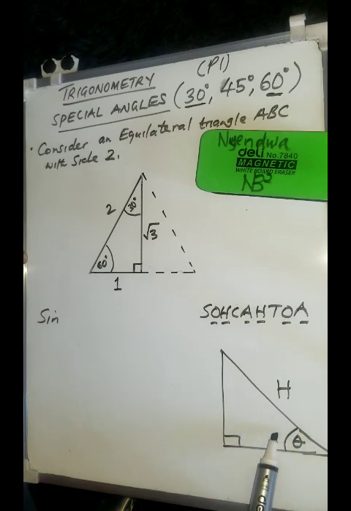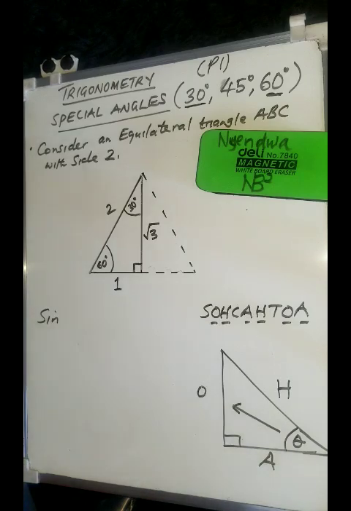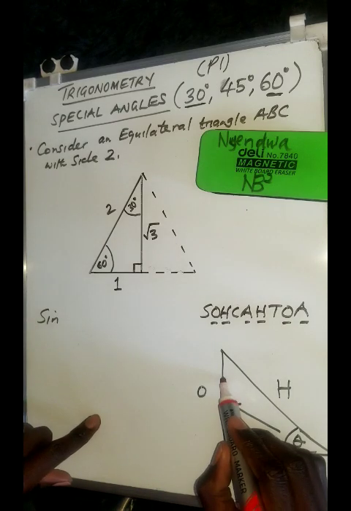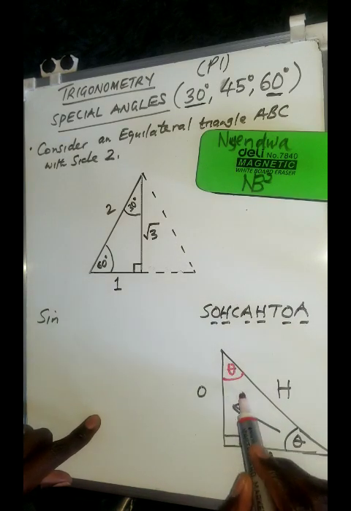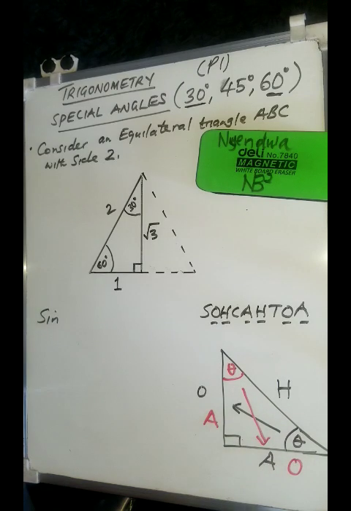If this is the angle where this one points, that's the opposite, and this one becomes the adjacent. But if the angle I'm looking at is this one in red, where it is pointing, then this will be the opposite and this one will be the adjacent. So the opposite and the adjacent are based on the angle that you are looking at. It is not always that this is the opposite; it depends on the angle that you are focusing on.